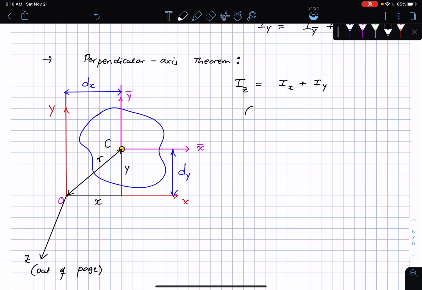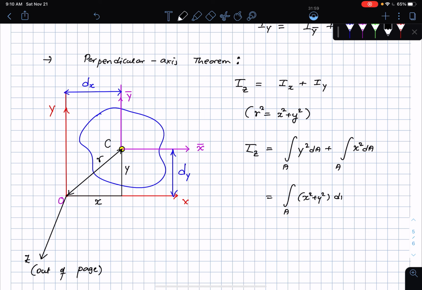Then I can immediately see that r square is x square plus y square. I can make use of the fact that Iz is integral of y square dA, which is Ix, plus integral of x square dA. So this is nothing but integral of x square plus y square dA, or integral of r square dA.